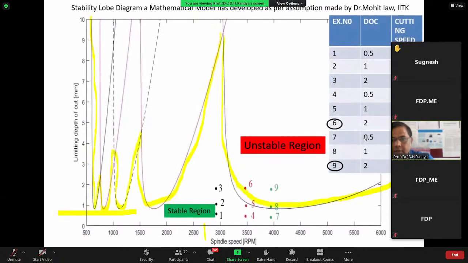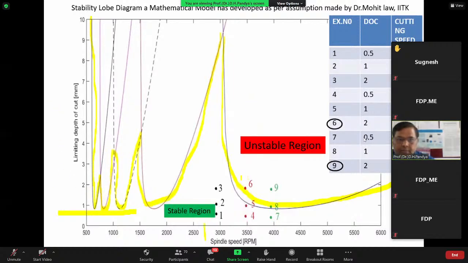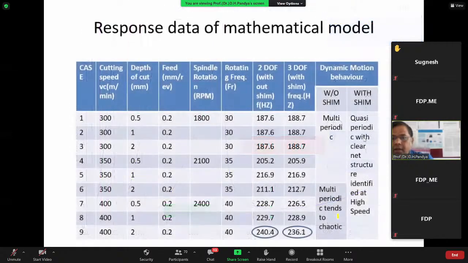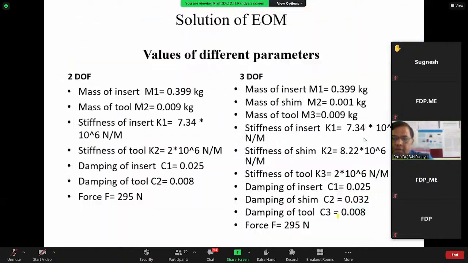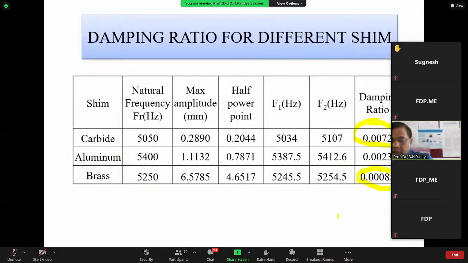Here I made this comment: in the mathematical model, the outcome is that when we decrease the damping ratio, the stable region decreases, because all these curved yellow highlighters are moving down, which means the stable region is going to be reduced. But when we make a computational analysis, I made this comment in brass.